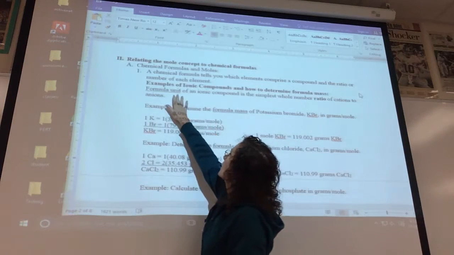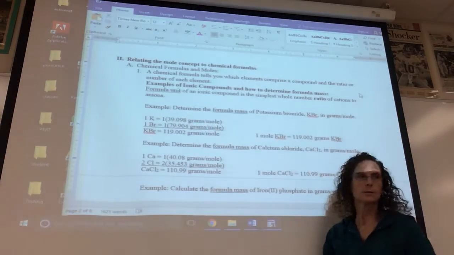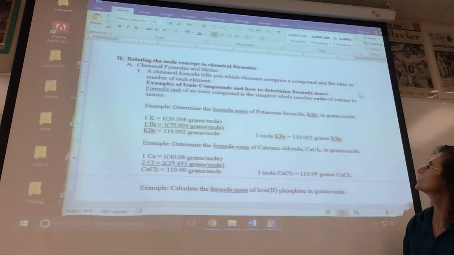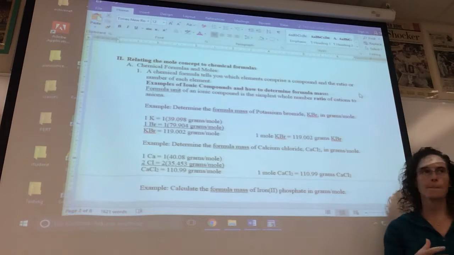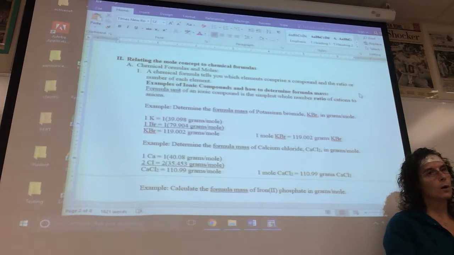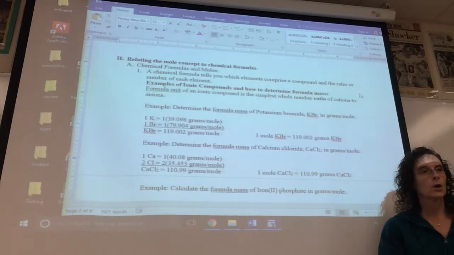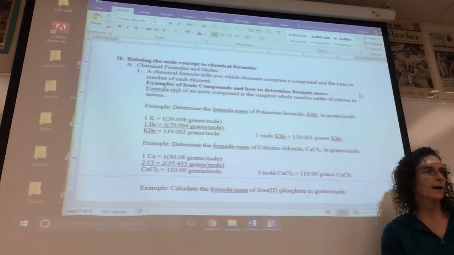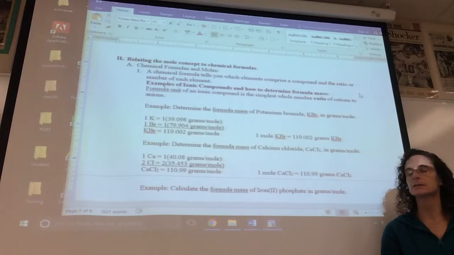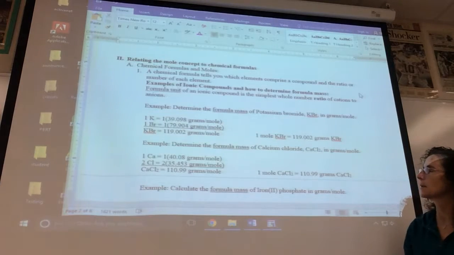We deal with formula units for ionic compounds because we've reduced those subscripts to the simplest whole number ratios. When we're talking about mass for 1 mole of an ionic compound, we call it formula mass. When we were dealing with mass for 1 mole of an element, we called it molar mass. So this will be formula mass, but it's all processed the same way.